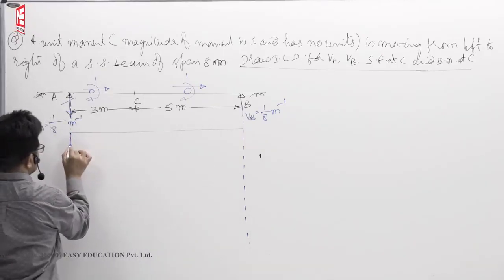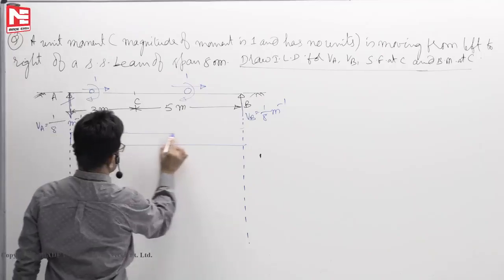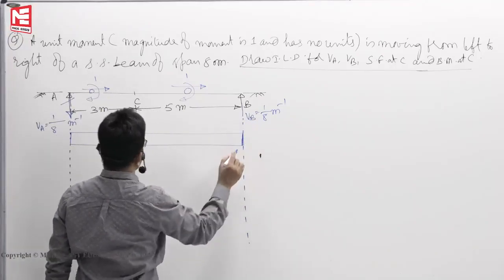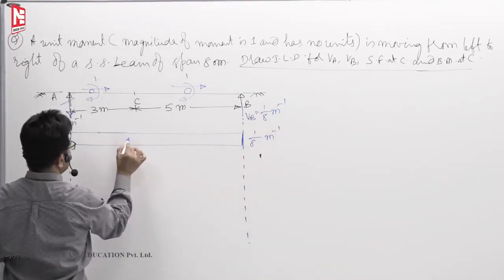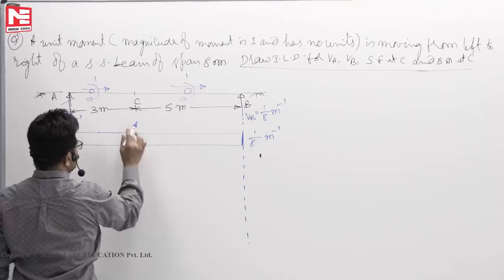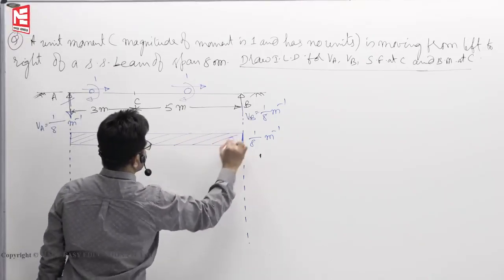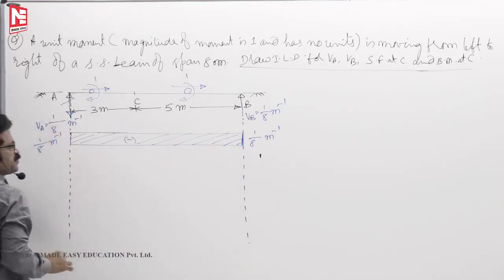So, this is 1 by 8 meter power minus 1. The reaction is downward, so we take it as minus. This is also 1 by 8 meter power minus 1.